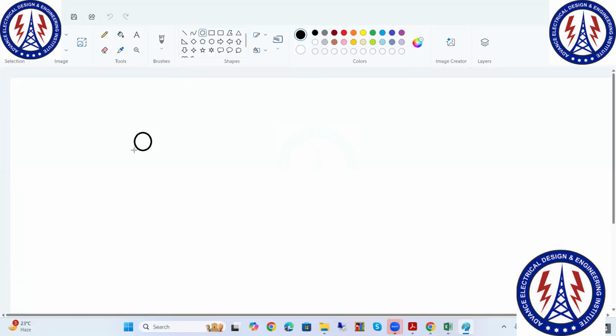This is first R, then Y, and this is B. So this is the first trefoil.